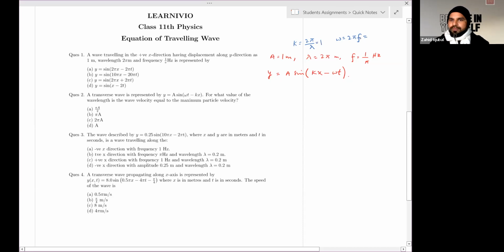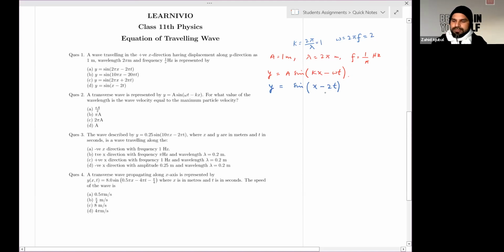And if you put f equal to 1 upon pi, you will get omega equal to 2. Now, if you substitute in this, A is 1, sin kx, k we have 1, minus omega, which is 2, times t. So the equation related to this part will be like this.